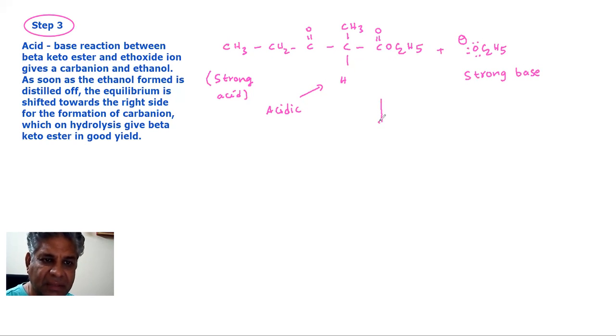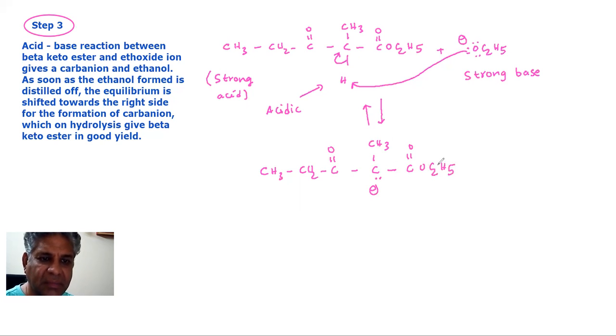Now this is an acid-base reaction. Once this acid-base reaction takes place, this ethoxide ion abstracts this hydrogen, forming again a carbanion. So this is CH3CH2C double bond O, then CH3 minus, C double bond O, OC2H5, plus you are getting ethanol.